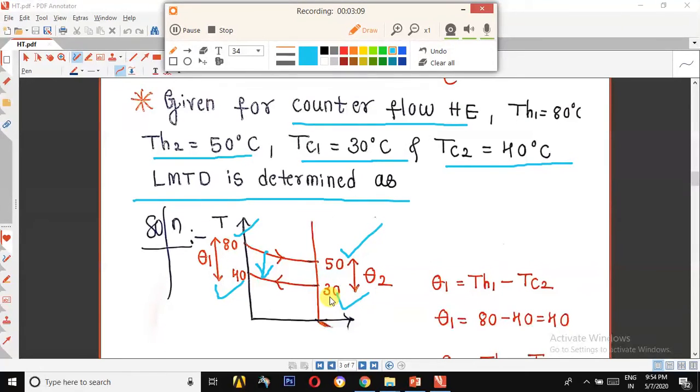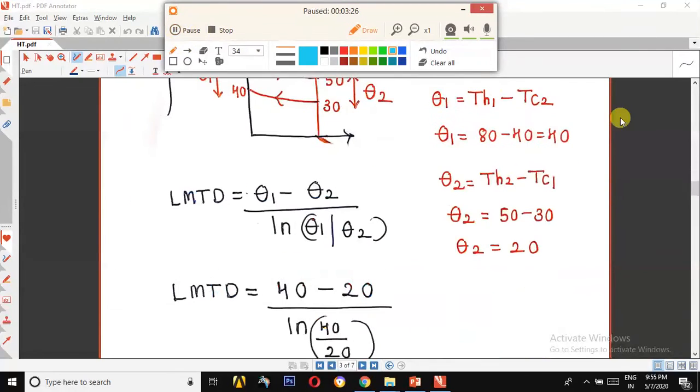The inlet temperature of the cold fluid is 30 degrees Celsius and the outlet temperature of the cold fluid is 40 degrees Celsius. We will calculate ΔT1 is equal to 80 minus 40 and ΔT2 is equal to 50 minus 30 degrees Celsius.